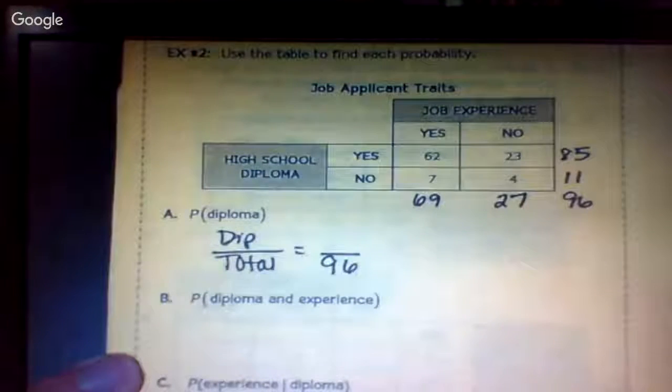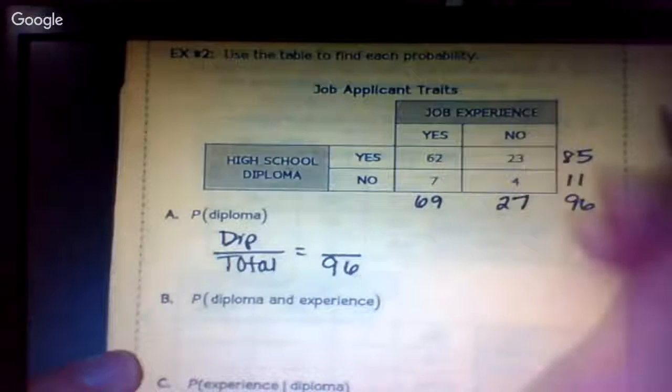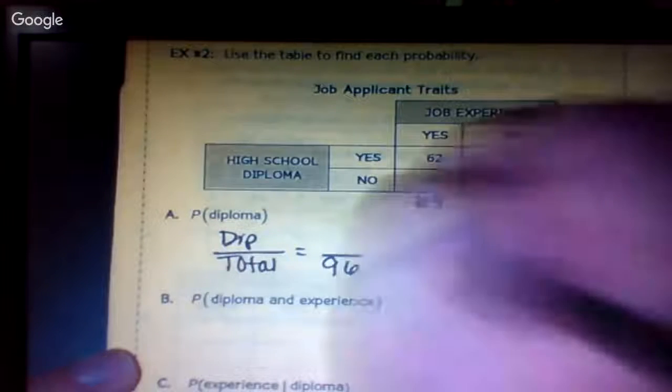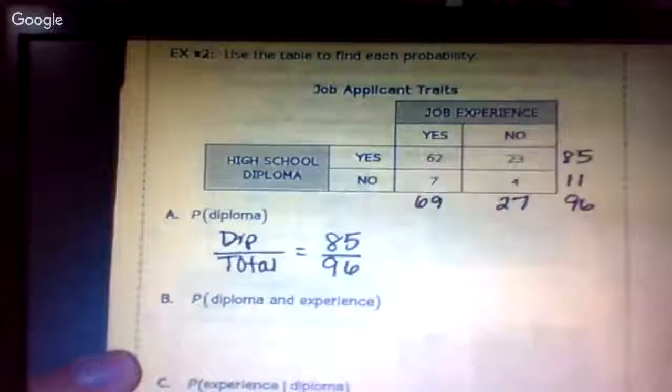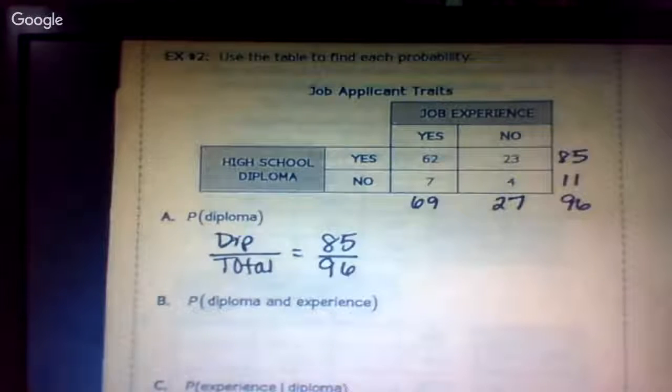And in the top, we're only looking at people with diplomas. 85. We don't care if you have job experience or not. We just care whether you have a diploma. And there are 85 people that have a diploma.